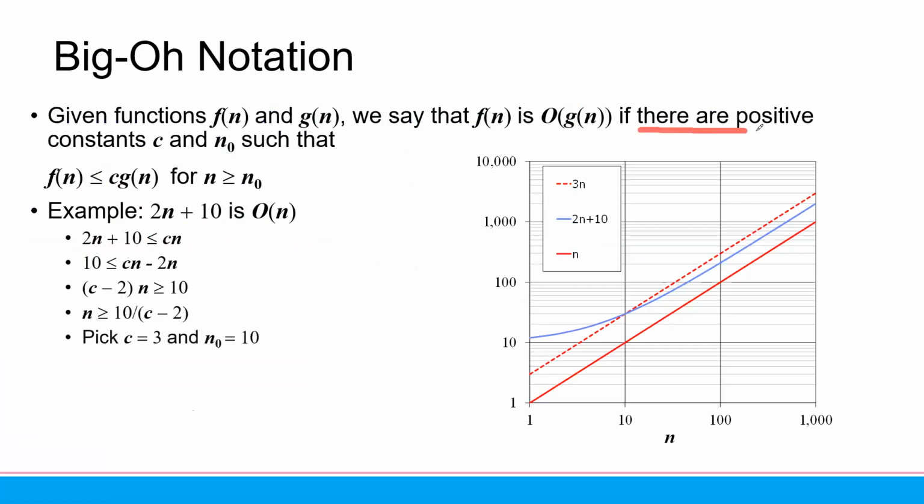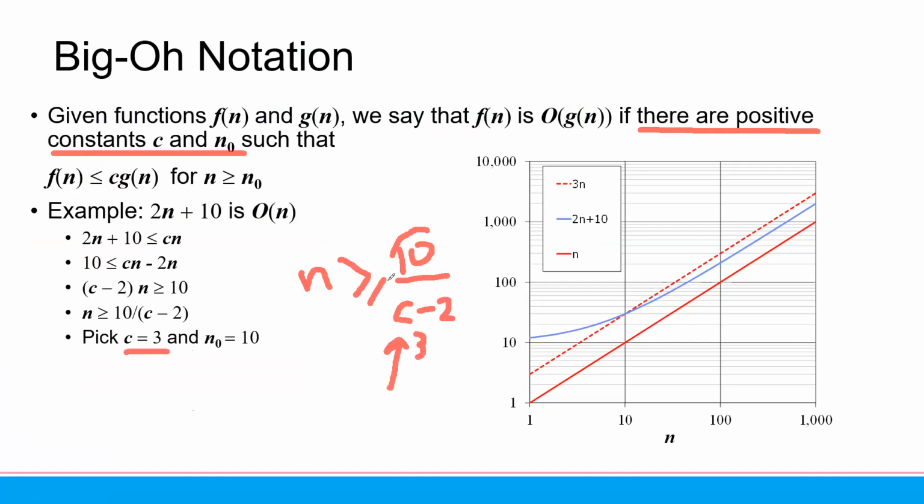Now for this one, we have the condition: are there positive constants C and N0? So if n is greater than 10 divided by (C minus 2), you can pick any number. Is there any positive constant C so that it is positive? Let's say I choose 3. So 3 minus 2, then it will be 1.